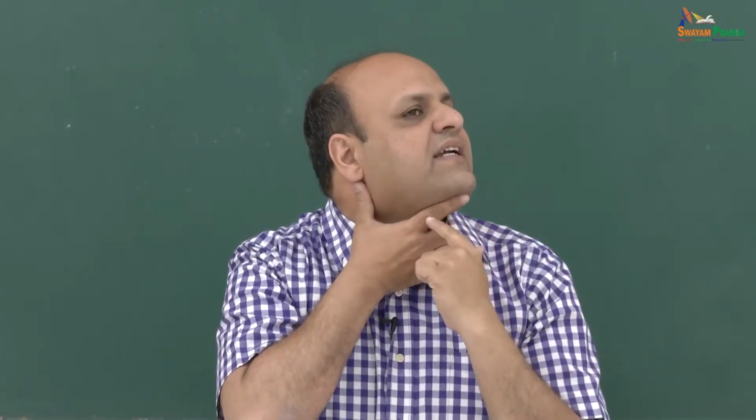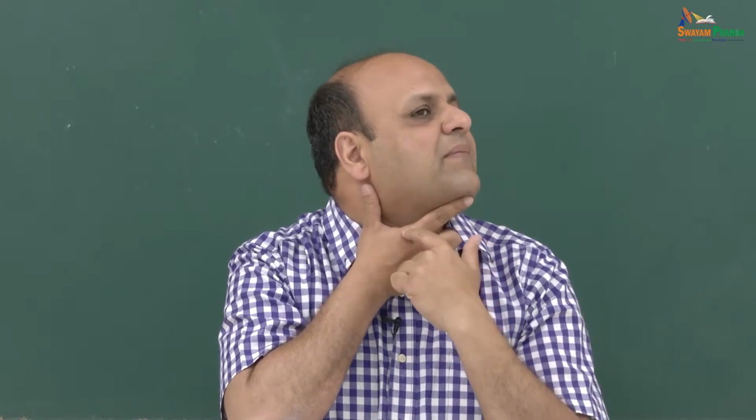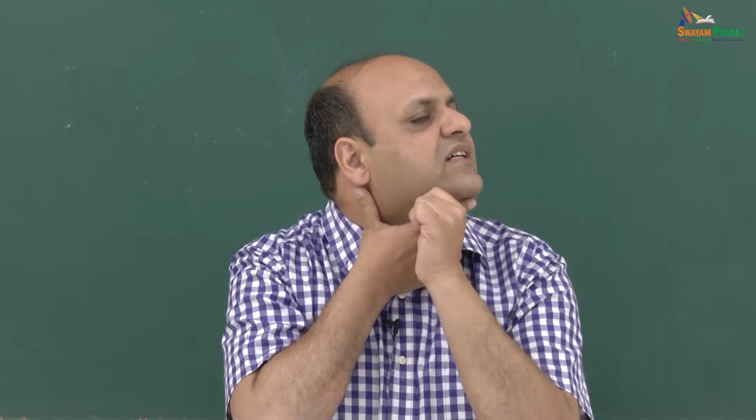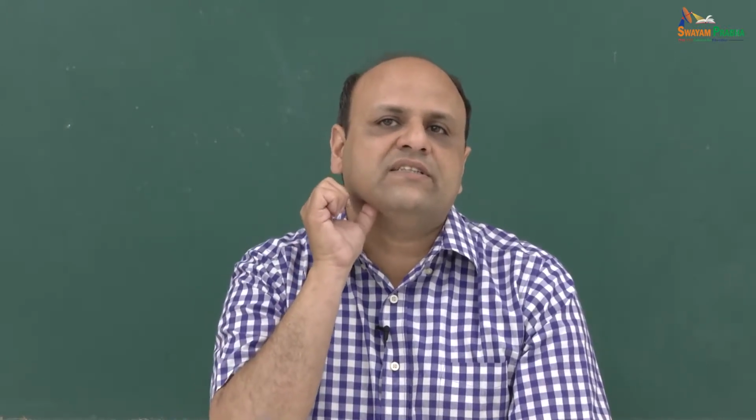My index finger is representing the anterior belly of digastric, thumb is representing the posterior belly of digastric. So in the digastric triangle, just below the level of the mandible, this is the location of the submandibular salivary gland. It's about the size of a walnut.